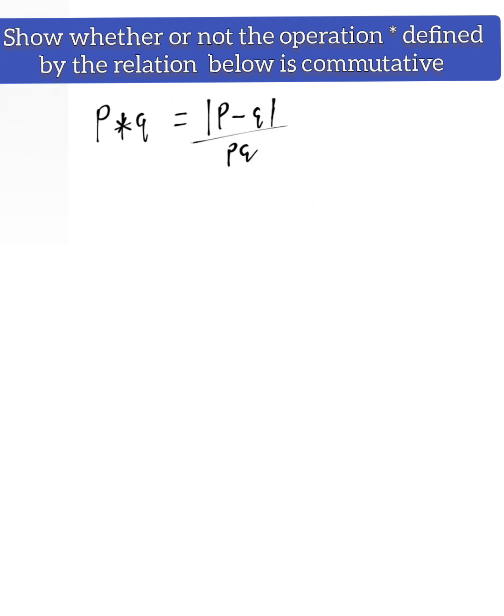For us to do this, we need to choose random values for P and Q. Let's choose these values from the integers. Let P be equal to 2, and let Q be equal to -1.